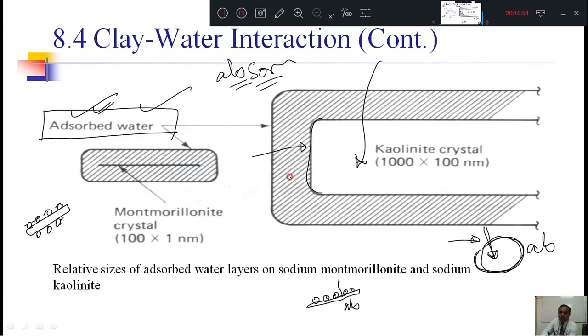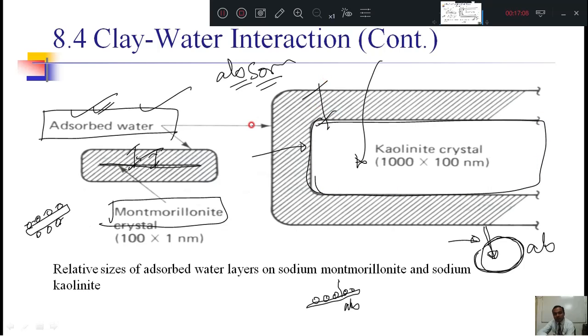That depends on mineral to mineral. See here, I considered a montmorillonite mineral, and the thickness of the adsorbed layer is something this much. But in kaolinite mineral, the solid will be more here, therefore the thickness will be somewhat different, more. Therefore, the adsorbed layer in clay minerals depends on the type of mineral.